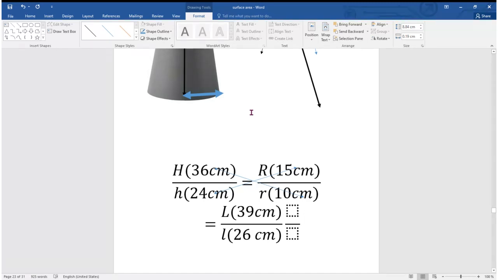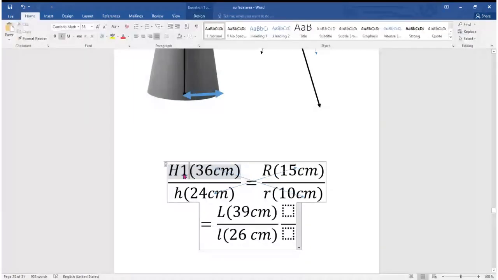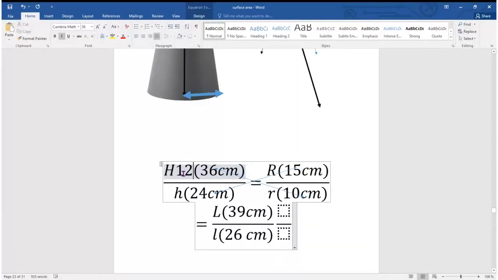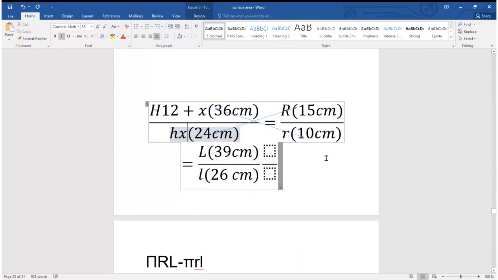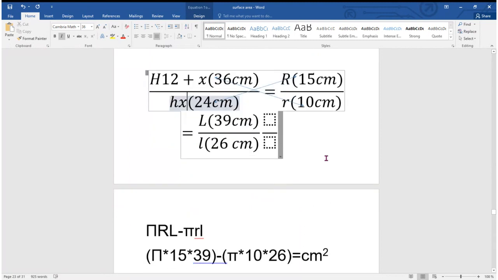So originally this one was 12 centimeters. It was 12 plus x. Then this one was x. So you now cross multiply here. So you come here and then you cross multiply. This is how you do it.